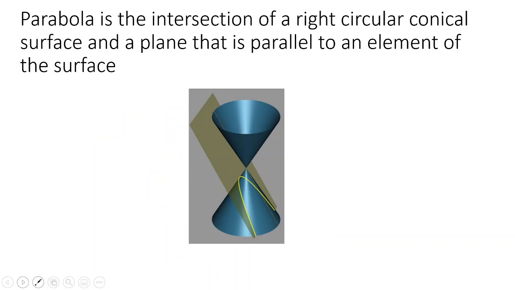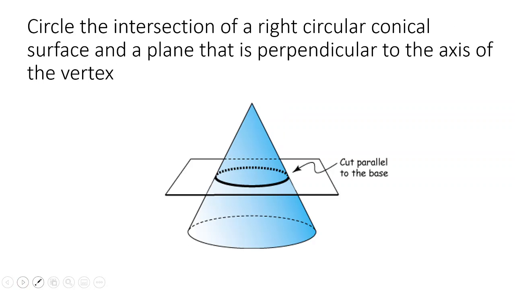All right. So if you were to look at these, a parabola is the intersection of a right circular conical surface and a plane that is parallel to the element. If the element is the edge of the cone, then a parabola comes down parallel to it. A circle is perpendicular to the axis, and you can see right there.